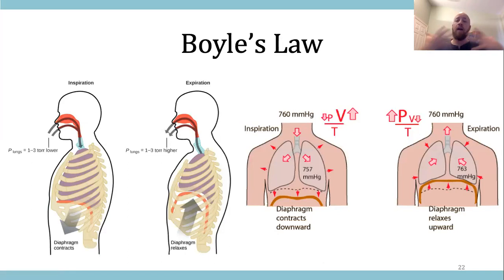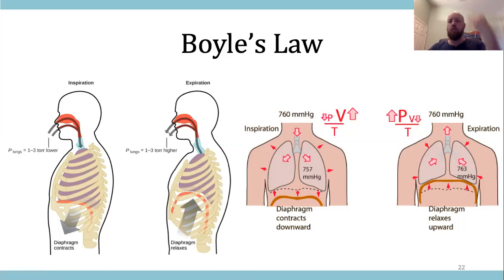Our body temperature doesn't change, right? So our body maintains homeostasis, so it functionally keeps a relatively same temperature, not enough that affects any of the gases anyway. Even if you're running a fever, that doesn't really affect the gas too much. So as your diaphragm contracts, the volume is going up.